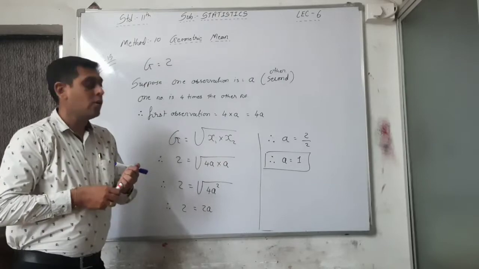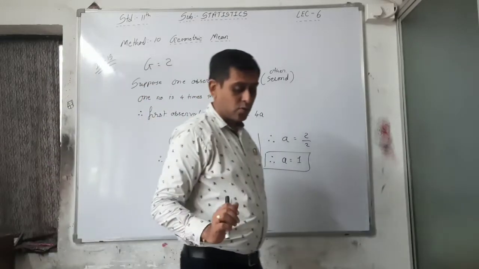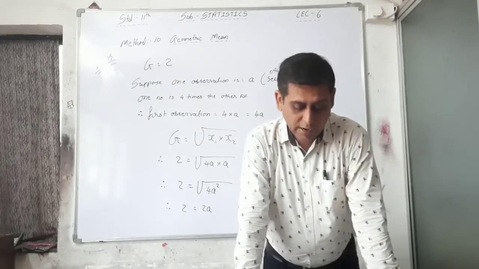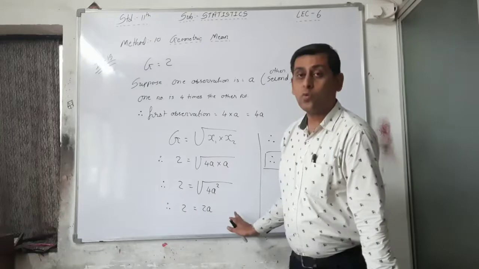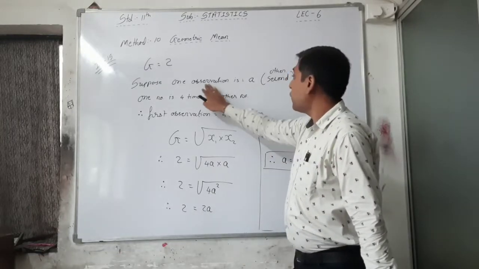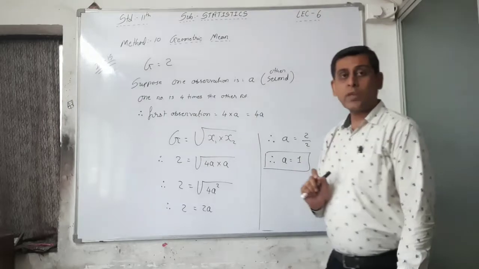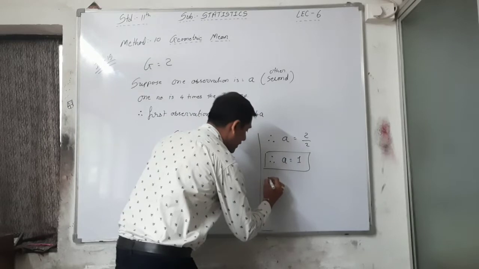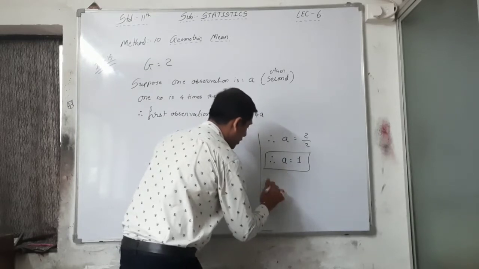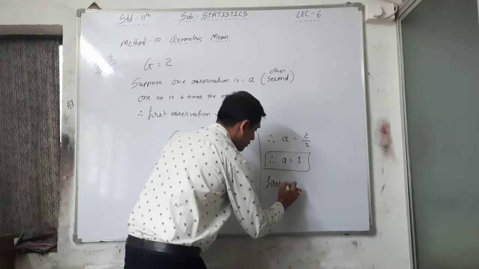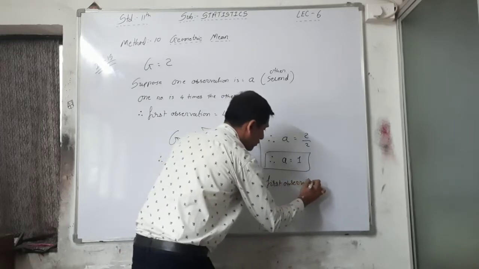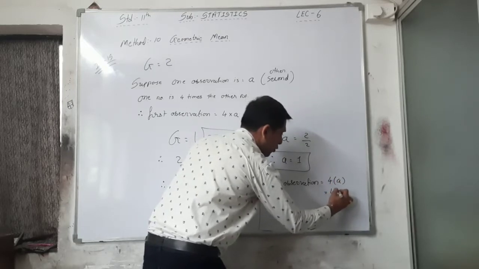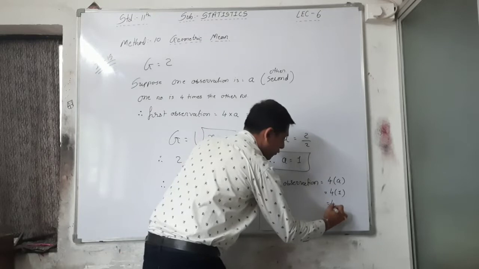Right? So the geometric mean of the two numbers is 2, and one observation A is equal to 1. Now for the second observation, we have to find both the numbers. The first observation is equal to 4A, so 4 into 1, that is 4.